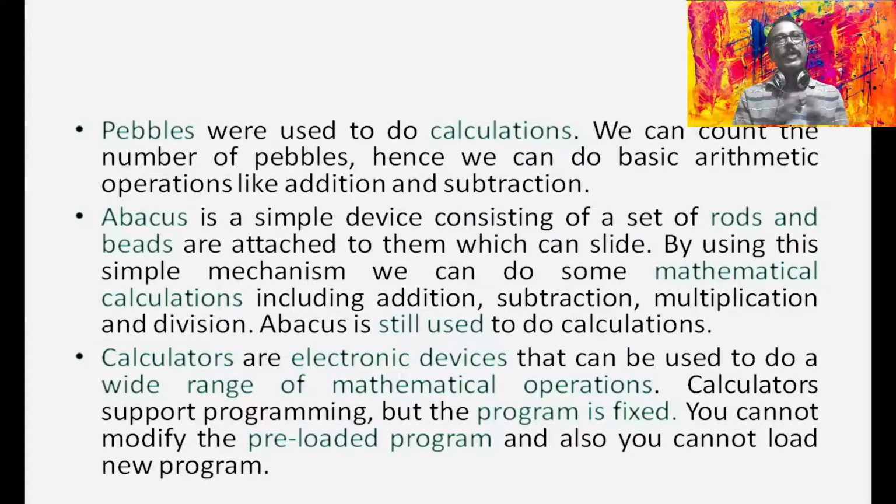Still some people use it, and they consider they can perform calculations faster than using a calculator. We have to experiment if we want to know the reality, but definitely abacus is a very effective device.